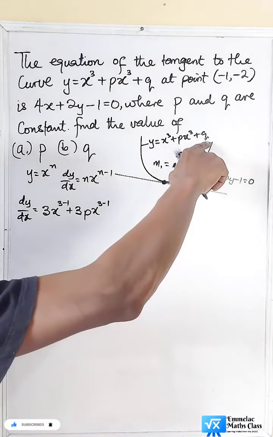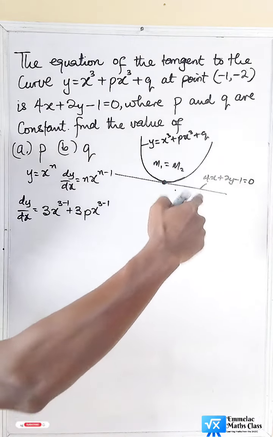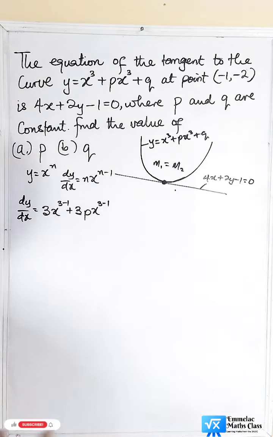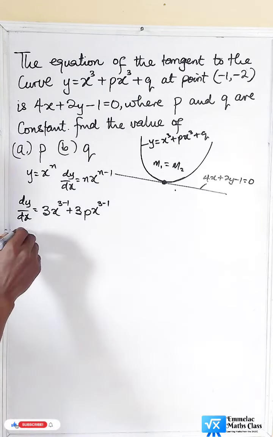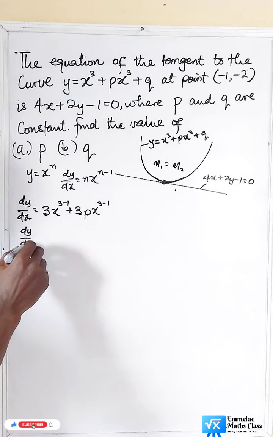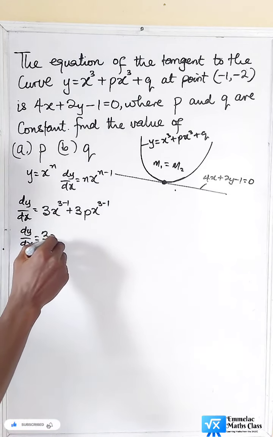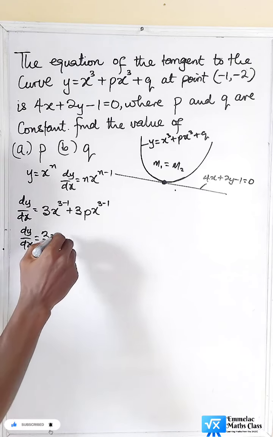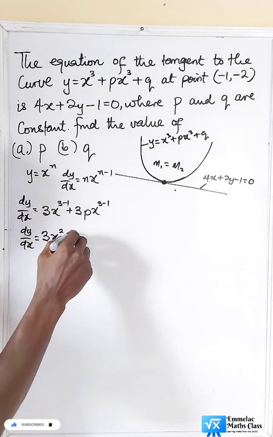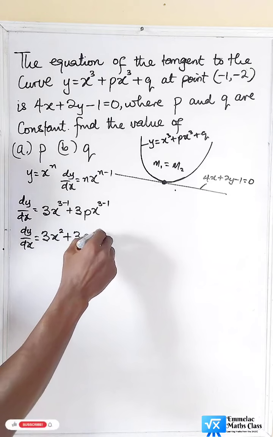Since q is a constant without x, it becomes 0. So dy/dx equals 3x to the power 2 plus 3p raised to the power of what?